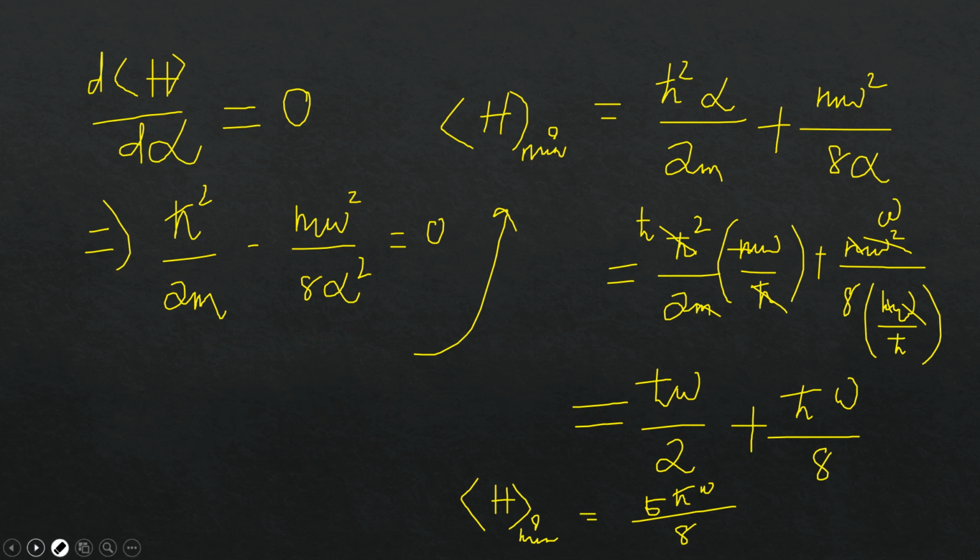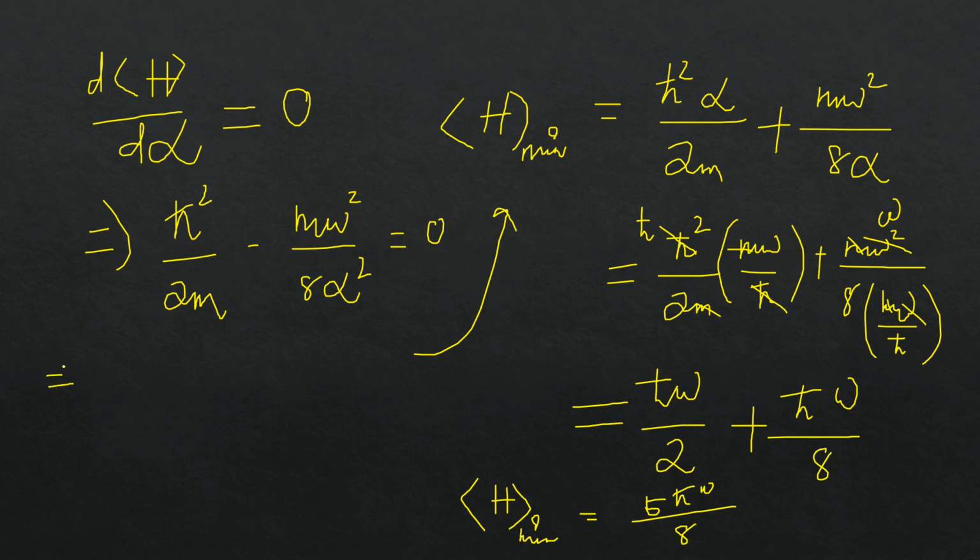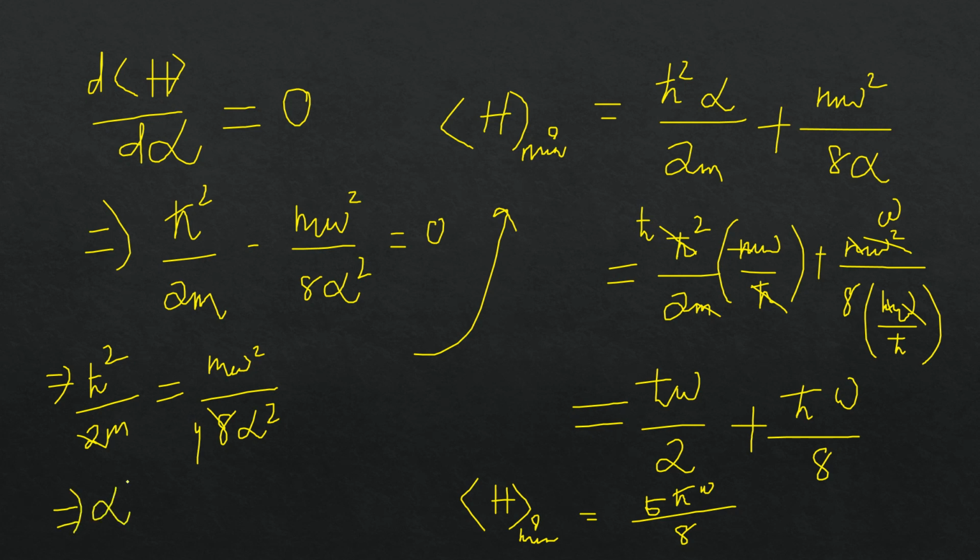I can do it like this: h cut square by 2m is equal to m omega square by 8 alpha square. This is 2, this is 8, this is 4. So alpha square is equal to m omega square by 4 h cut square.